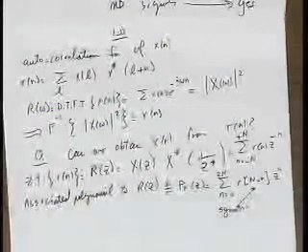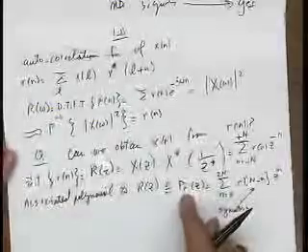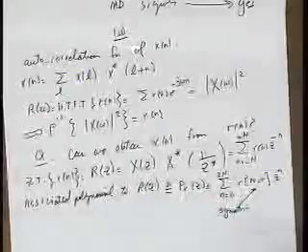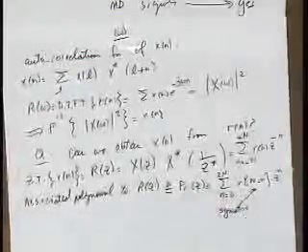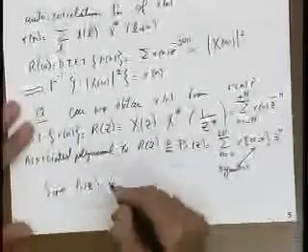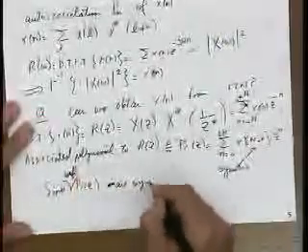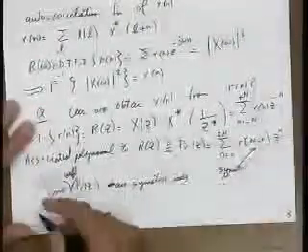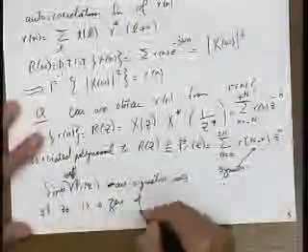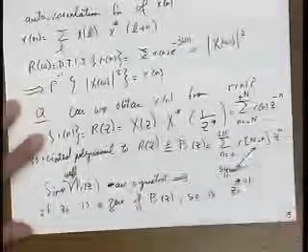And now, invoking the properties of the Z-transform, since the coefficients of this associated polynomial are symmetric, we can have the following property: if Z0 is a zero of P sub R, then so is Z0 complex conjugate inverse.